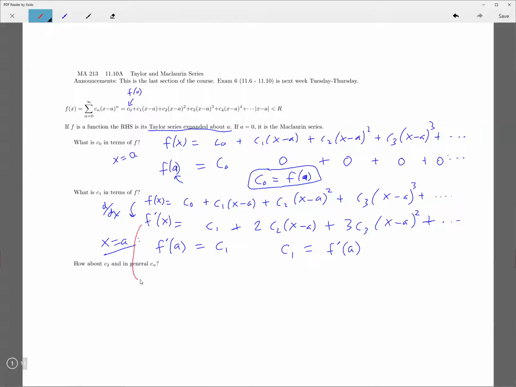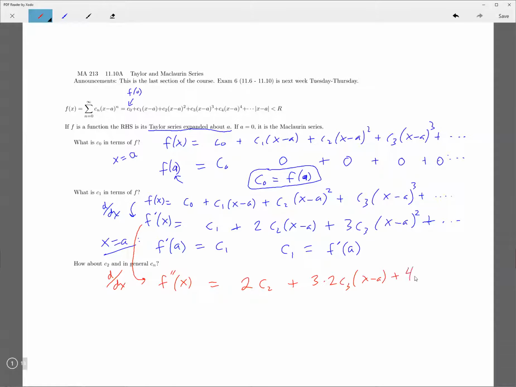Okay, so for C2, if you take this guy and you take another derivative, you have the second derivative of x, right? And that goes away. And this one, you're just left with 2 C2. And then here you have 3 times 2 C3 times x minus a.